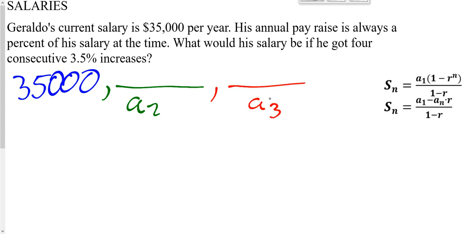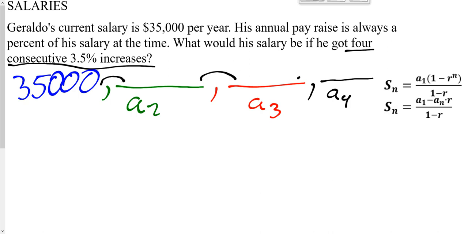And we're getting 4 consecutive pay increases. So it's not saying fourth term because that's pay increase 1, pay increase 2, pay increase 3, pay increase right there. So we're really looking for our fifth term. And we're wondering how much he's going to get paid.